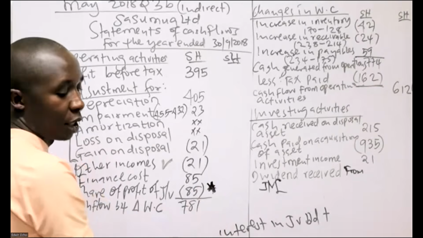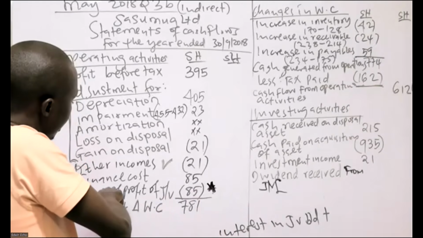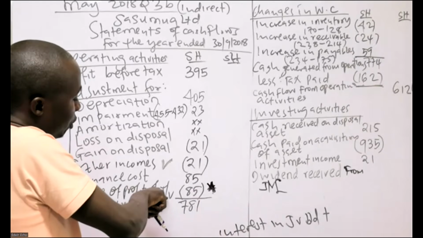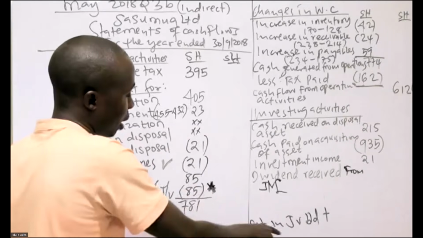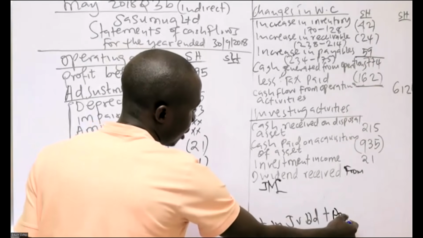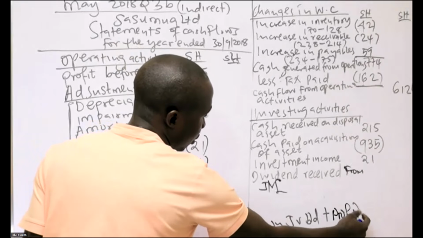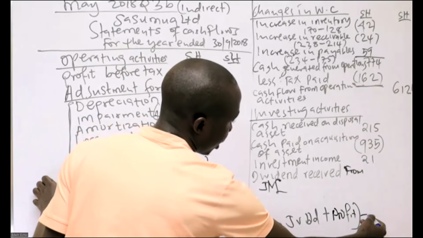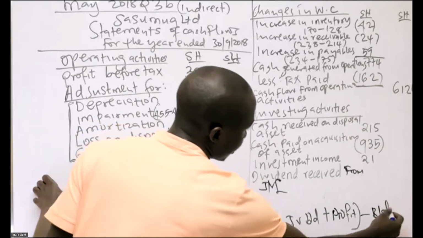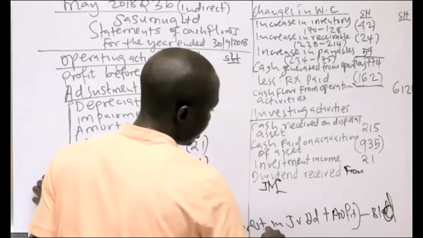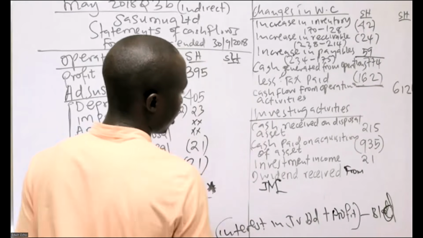If you go to your income statement, you will realize that this share of profit of joint venture is added, it's an income. So that is what I will add, the profit they received during the year. So what I get here is what I will compare with the balance carried down of this interest in joint venture.